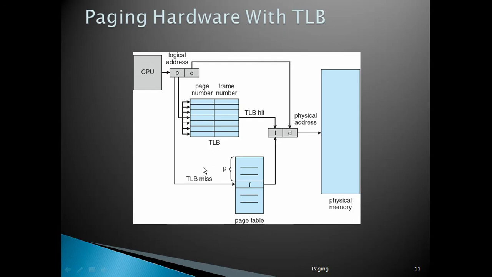That is, the page we are searching is not present in the translation look-aside buffer, so the control will move to the page table. So we search for that page in the page table. Now in the page table, that page number acts again as the index, and at the particular index it will return the frame, and the frame number is added with the displacement to generate the physical address.